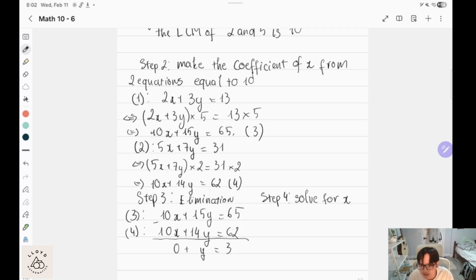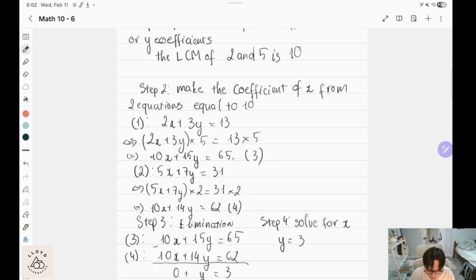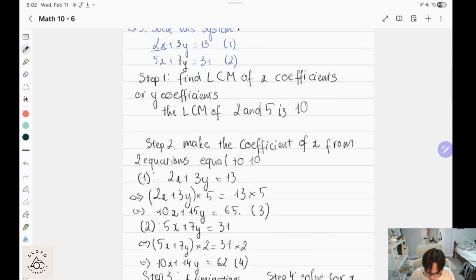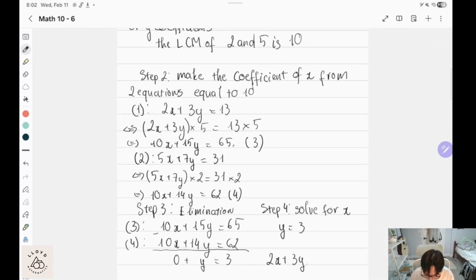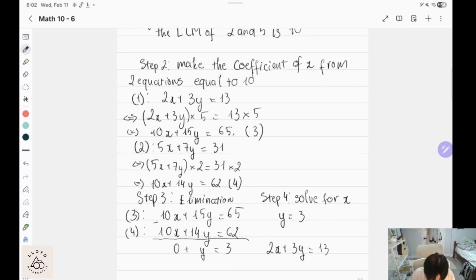In this example it is x, but in some examples it can be y or x. As we got y is equal to 3, we put that in the first equation, which is 2x plus 3y equal to 13.